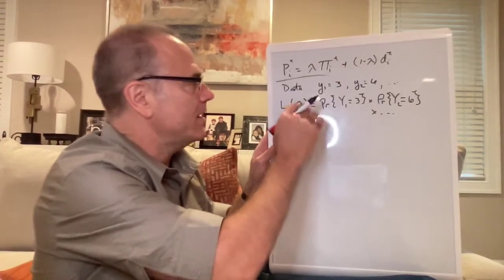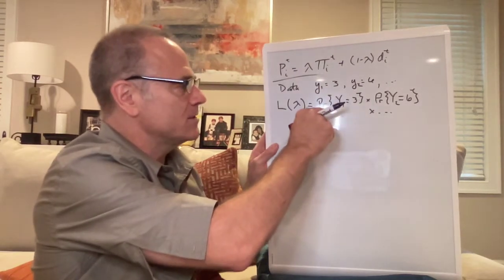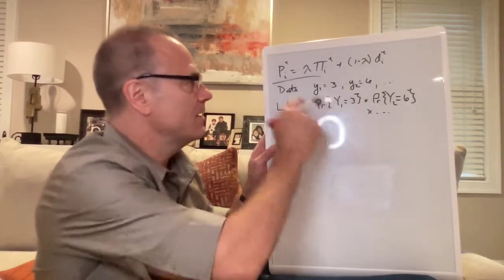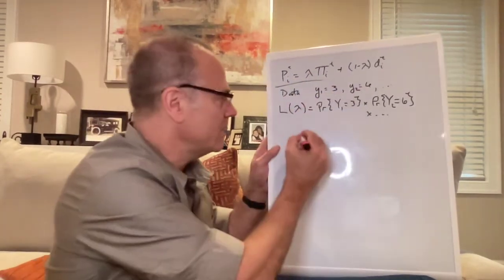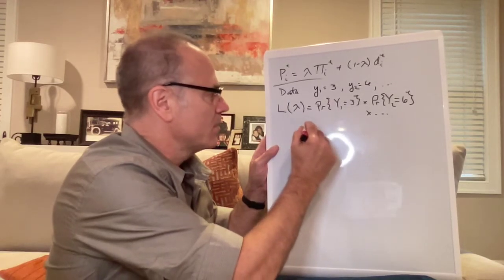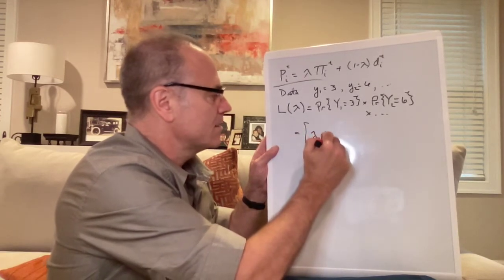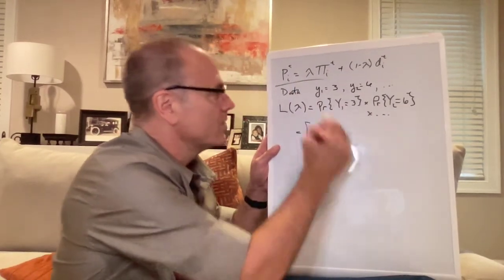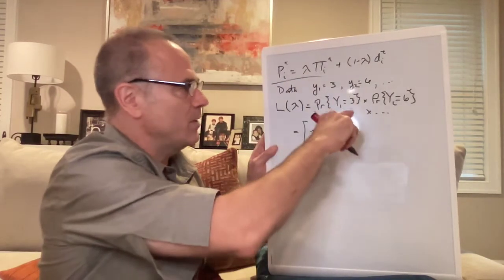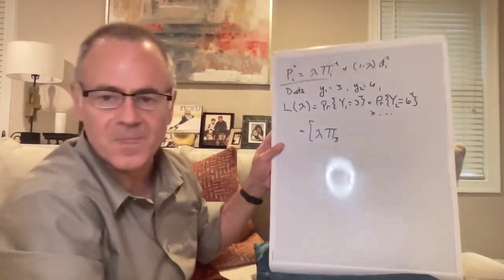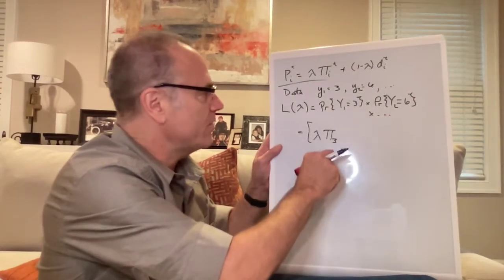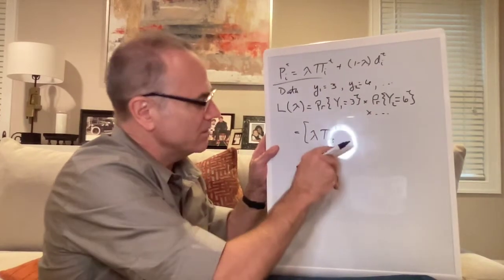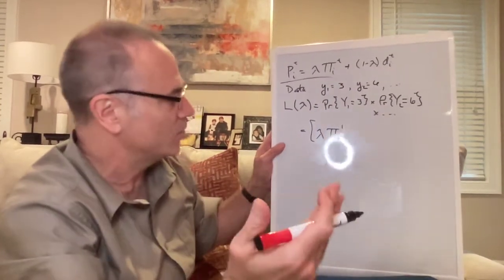Now, the key is, here are these probabilities. Probability in country 1, party 3 was selected, is this. It's going to equal lambda times pi 3, party 3. That's the probability that party 3 was selected. And so we use pi 3 for observation 1. So you'll need to look at what party 3 is in country 1.